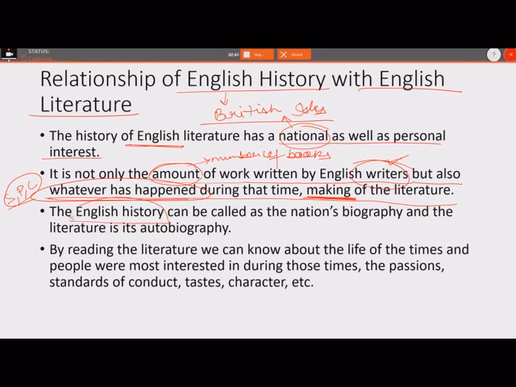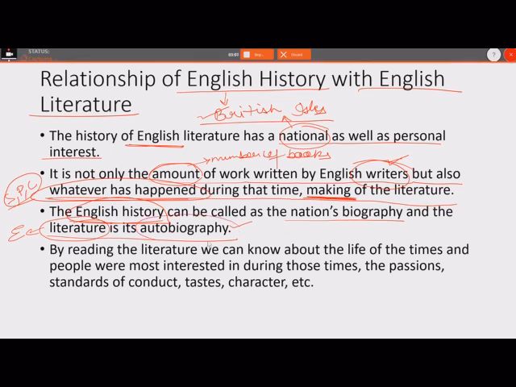Now, when we are talking about English history in particular, we are talking about the British Isles. English history can be called the nation's biography, and literature its autobiography. The literature written by the English people can be called the autobiography of the nation. Why biography and autobiography?